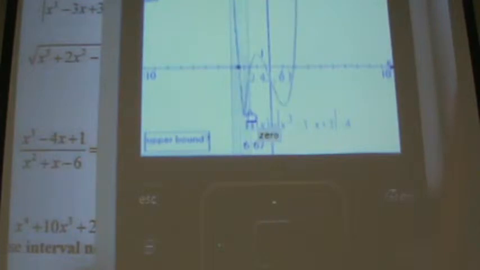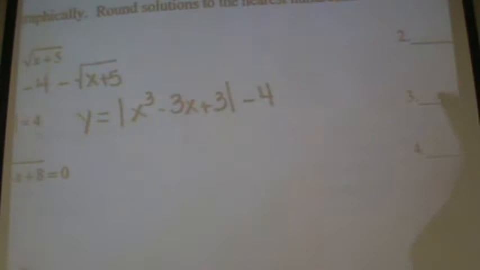Where is it hitting? -2.43. You have to do that 4 times. So the answers for this one are -2.43, -1.53, 1.88, and -0.35. Those are your 4 answers.